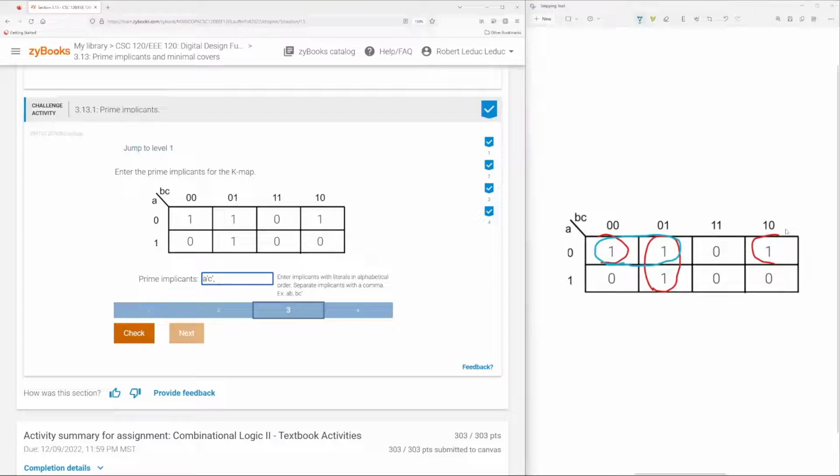And the second one is going to be A prime, B prime. Actually, if we're going in alphabetical order, I should probably put that in first. A prime B prime, then A prime C prime. And then this last circle here can be represented by B prime C.